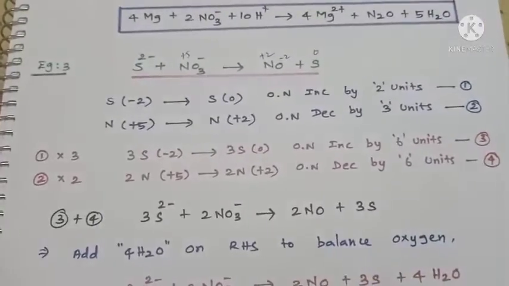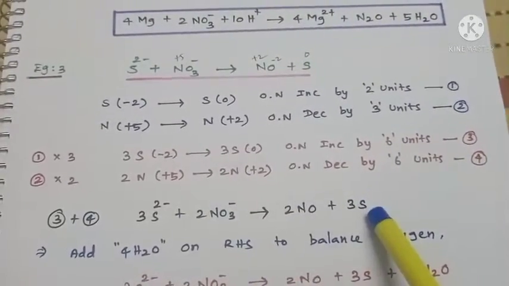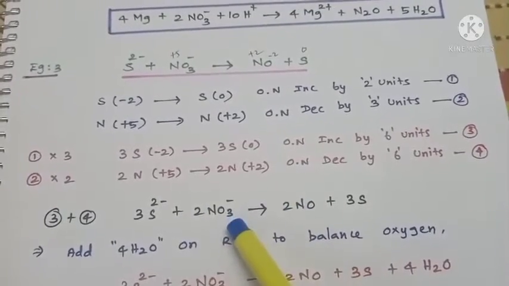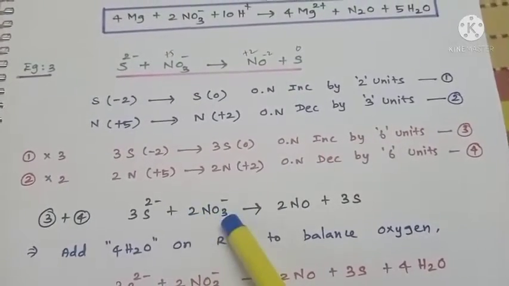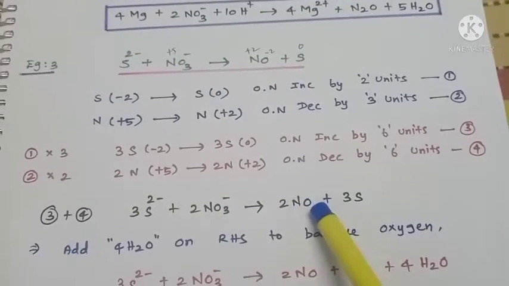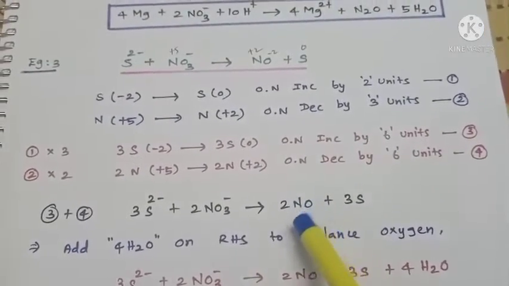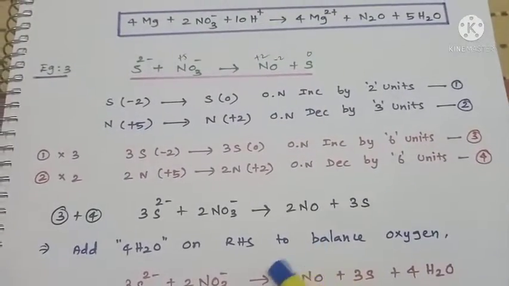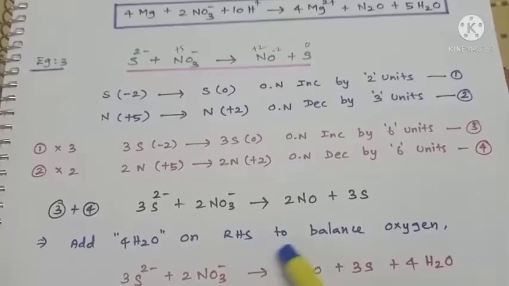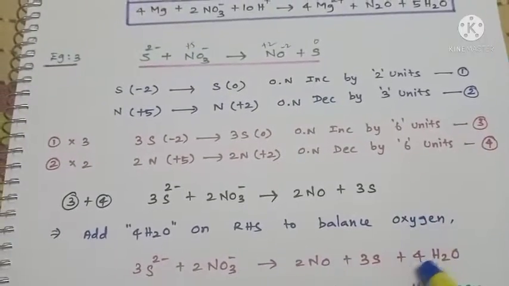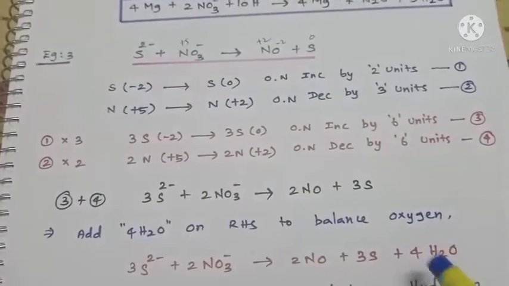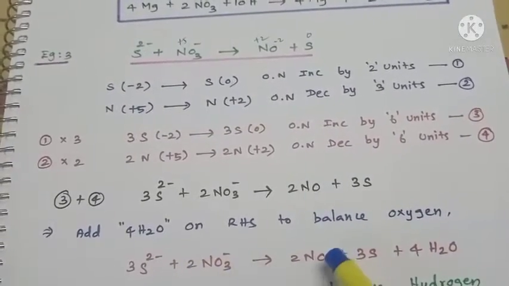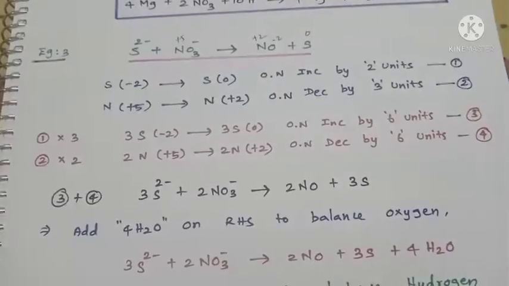Now we have to balance the atoms. Sulfur balanced, 3 on either side. Nitrogen 2, here also 2, balanced. Now look at oxygen. Oxygen 2 into 3, 6 on the left hand side, but on the right hand side only 2. So now we are supposed to balance oxygen. We are supposed to add 4 more oxygen on the right hand side, so add 4H2O on the right hand side to balance oxygen. 2 into 3, 6, and 2, here 4, 6 oxygen atoms.